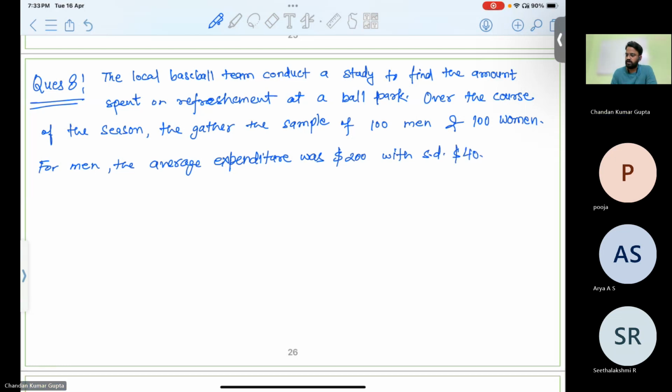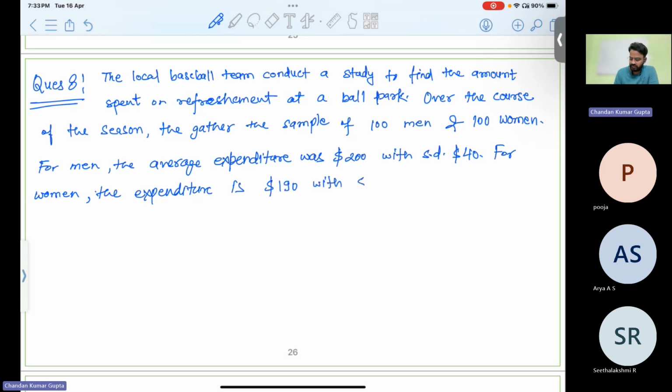Similarly for women, the average expenditure is $190 with a standard deviation of $20. So these are the information.